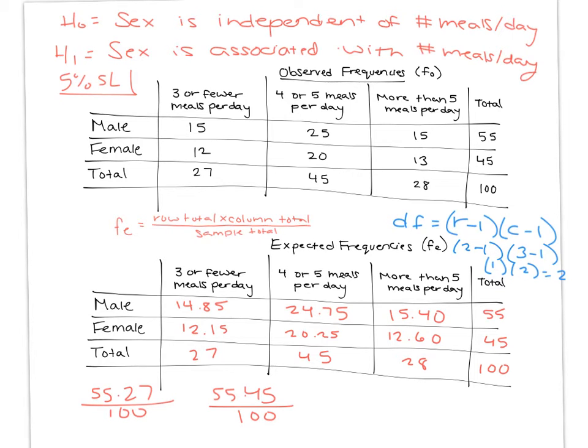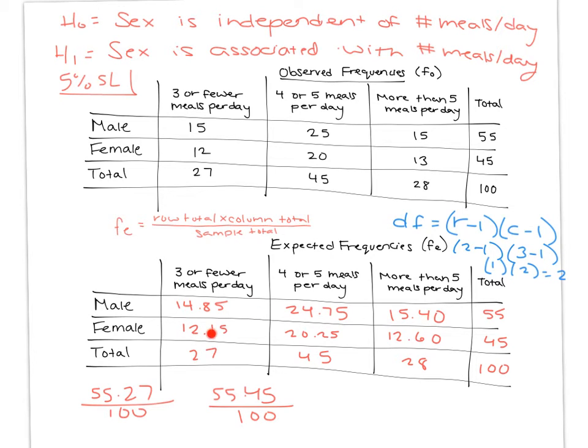One last thing before we go and find our critical value, we do need to double check that our expected frequencies are all large enough that our test is valid. And so one thing that we need to look at is these expected values right here.